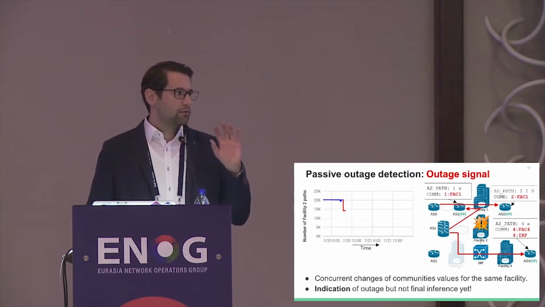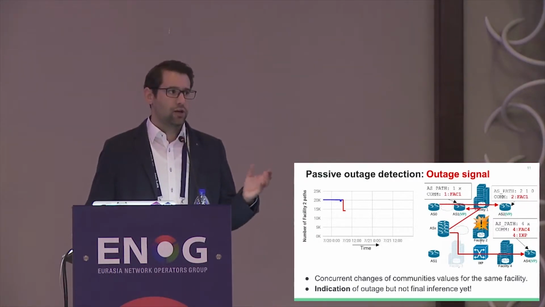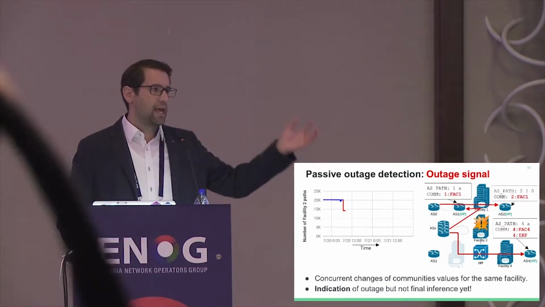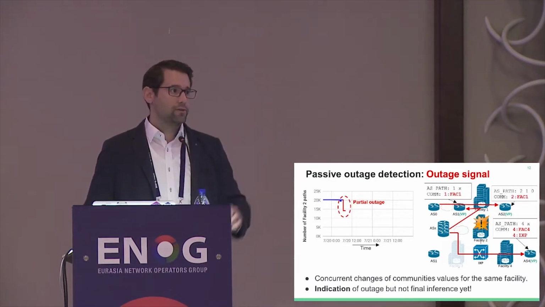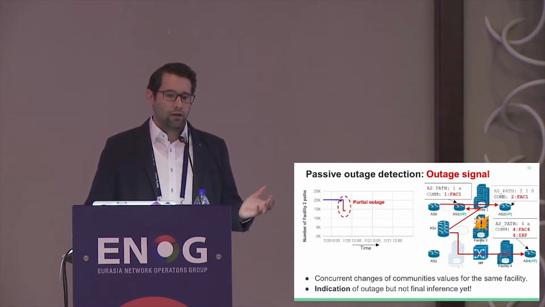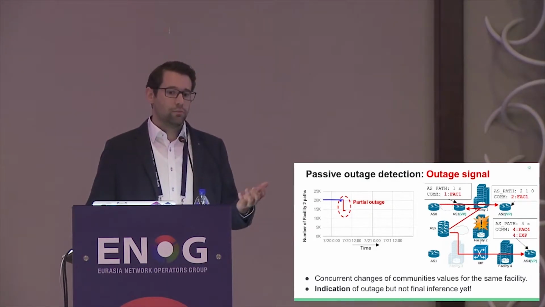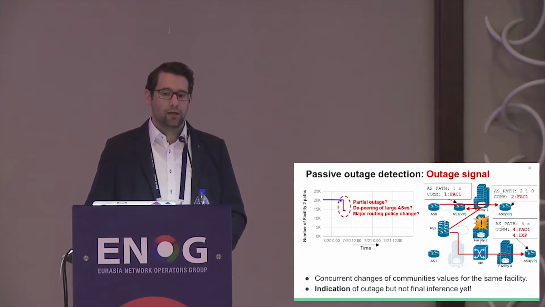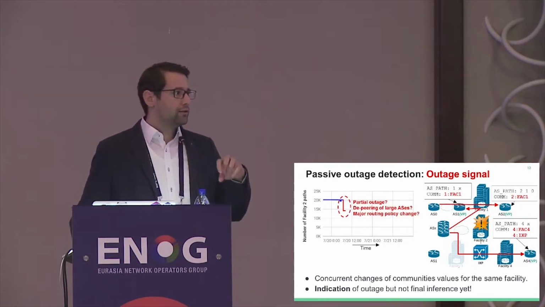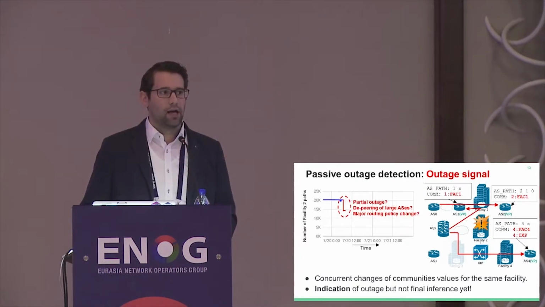It's not really an outage, because what could it be? It could be a partial outage. Sometimes there's a big campus and there are several buildings, so a power cut for a part of the facility. Or it could be depeering of a large AS. It could also be major routing policy changes, changed traffic engineering. So from here, we really need to dig a bit deeper to get an understanding and to have reliable metrics.